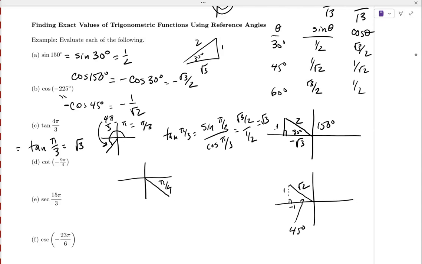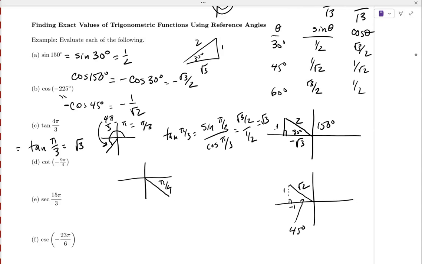Before we finish this off, let's think about why the reference angles here are easy. I started with 4 pi over 3 over here. What did the reference angle end up being? Pi over 3. I started with negative 9 pi over 4. What did your reference angle end up being? Pi over 4. What do you think it's going to be here? Pi over 3. What about here? Pi over 6. You don't even have to think about it.